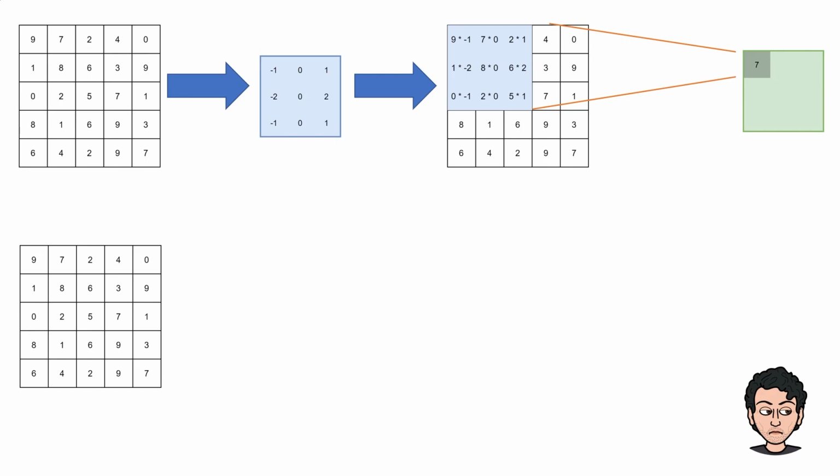That filter will be continuously moved pixel by pixel. On the 5 by 5 image, that 3 by 3 filter will be moved over and we are going to get the values. The 9 value in the left-hand corner of the 5 by 5 image is multiplied by -1 on the filter, and an output will be generated which will be added with the other output. That is the way the process of convolution happens.